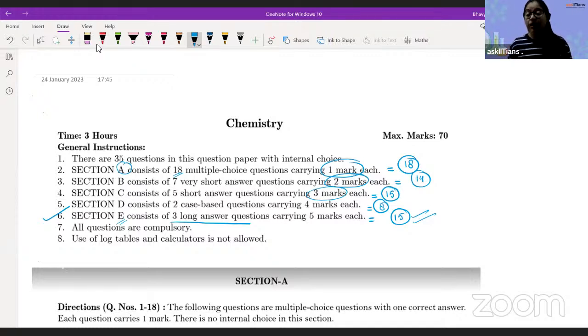For example, the number of lines you write, irrespective of the size of the handwriting, if it is a one marker question, should be 1 to 2. That's it. Either it should be over in one line or a maximum of 2 lines. If it's a 2 marker question, the lines should be 2 to 4, not more than that. So technically, the marks which each question carries, those many lines or a maximum of double of it.